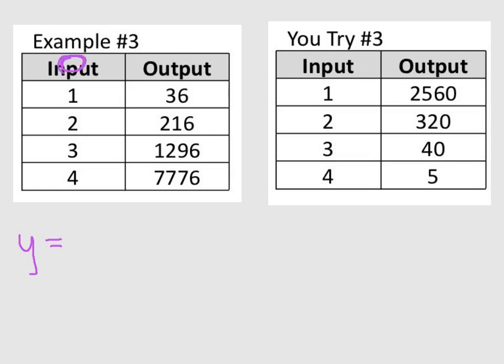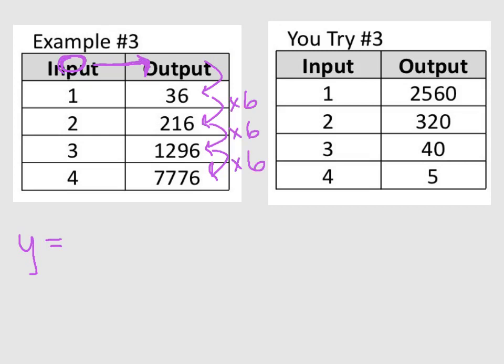So I need to figure out what output I need to keep the pattern the same. So let's find the pattern of our table. My numbers are getting bigger, so I know it's multiplying. And if I do the calculations, I can figure out that the pattern is multiplying by 6.